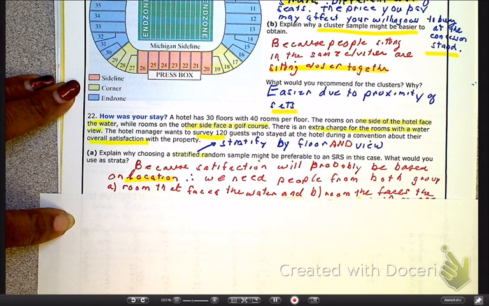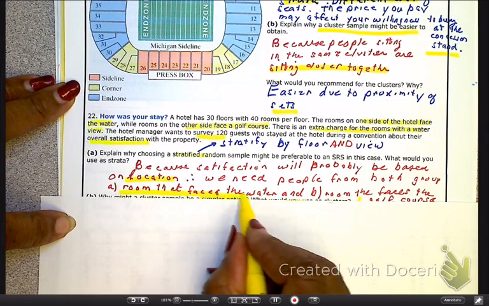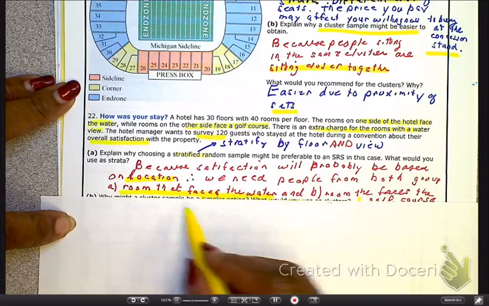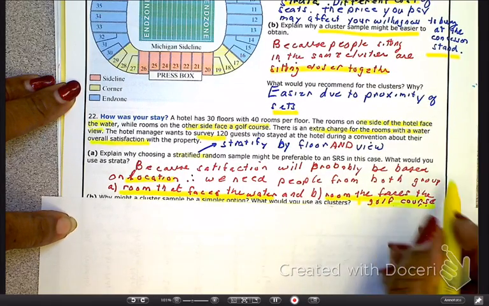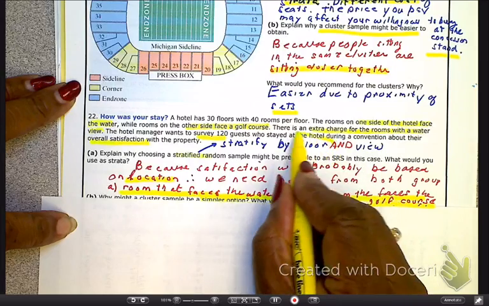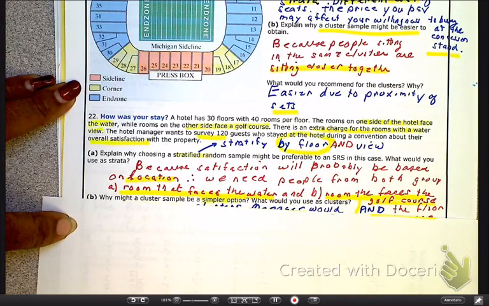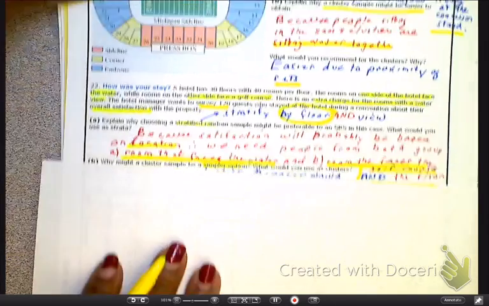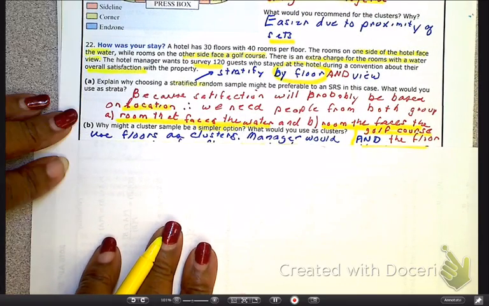Okay, so with that being said, that's going to be one strata, where they faced, whether it was the water or the golf course. But I should also mention the floor that they're on. And the reason that that's important is because the higher you are, the better the view, and the better the view, the more satisfied you would be. Here, why might a cluster be easier?